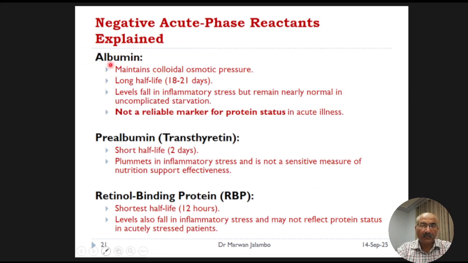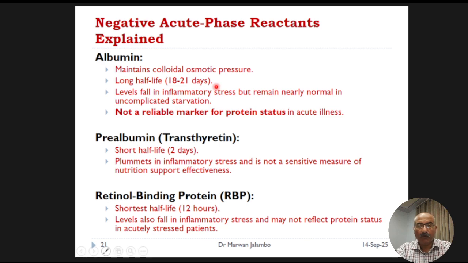Albumin is the most abundant protein in the plasma. Its main job is to maintain colloidal osmotic pressure. It has a long half-life of about 18 to 21 days, which means its level changes slowly during inflammatory stress.